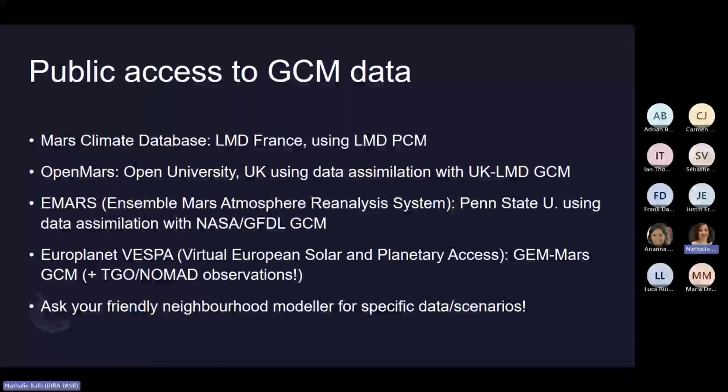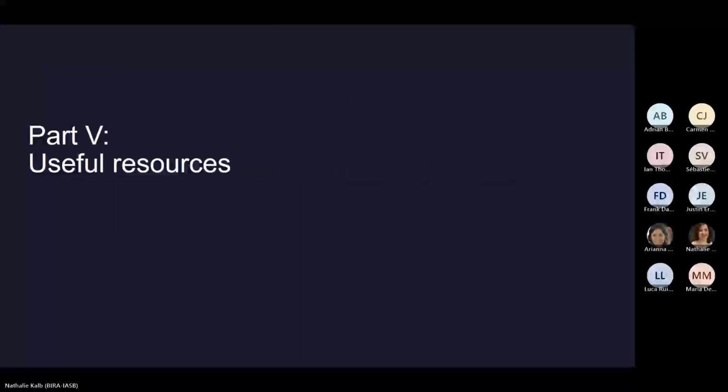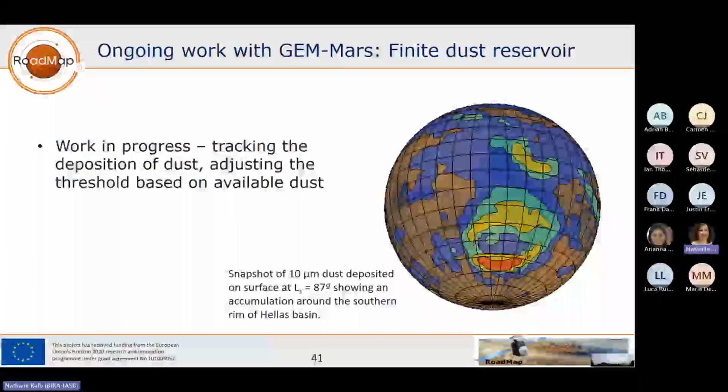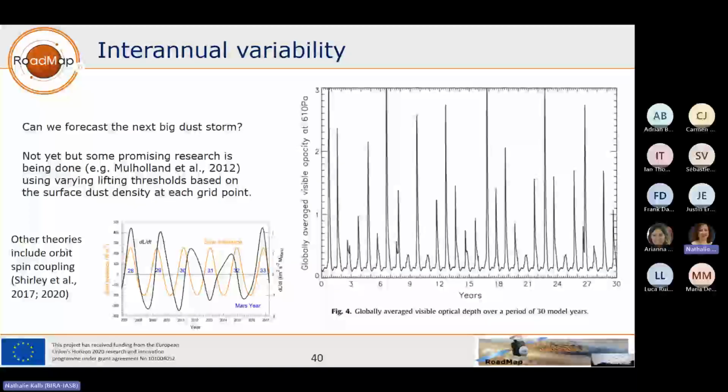I also have the same kind of problem with this theory, or hypothesis, by Shirley et al., related to spin-orbit coupling. They showed with a GCM that it works magically. I agree.